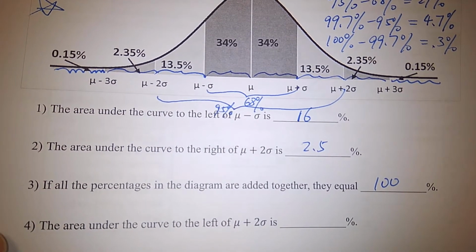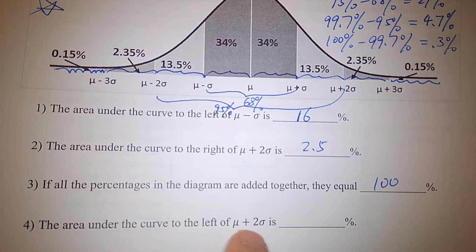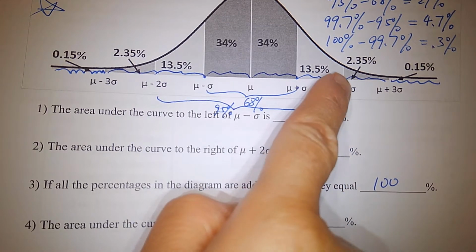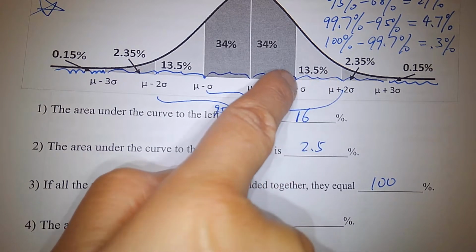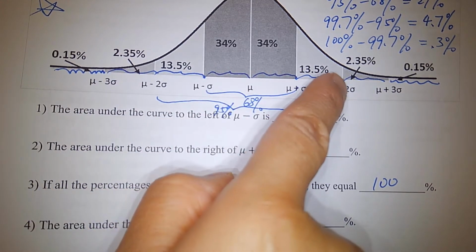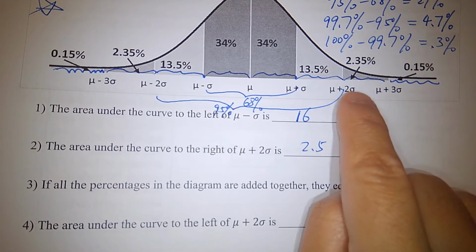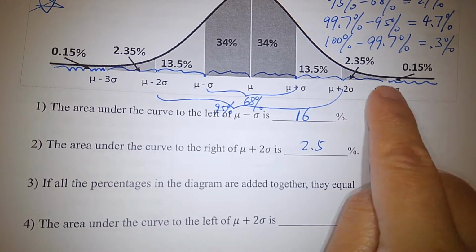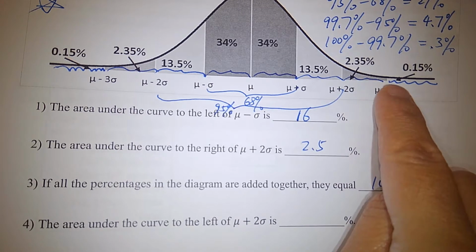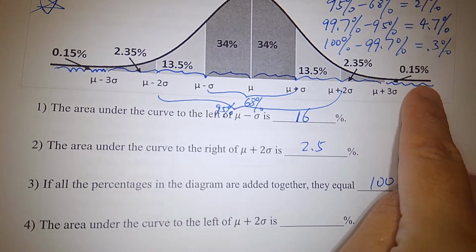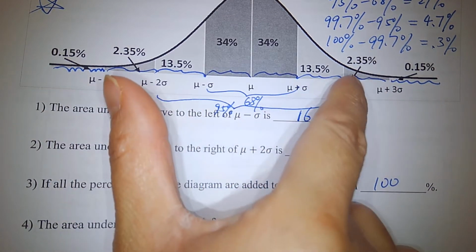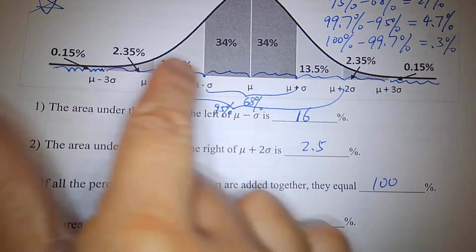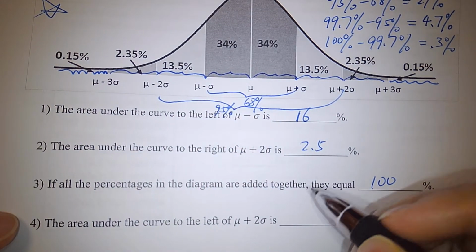Last question on this page. The area under the curve to the left of mu plus 2 sigma is what? Either you add up everybody on each of the intervals, or remember, to the right of mu plus 2 sigma the percentage is 2.5, right? And on the entire horizontal line it is 100%. So how to compute the percentage to the left of mu plus 2 sigma?